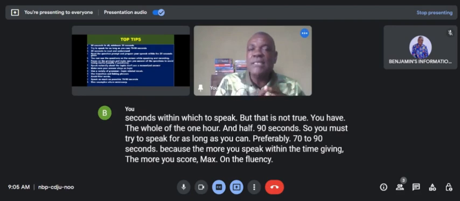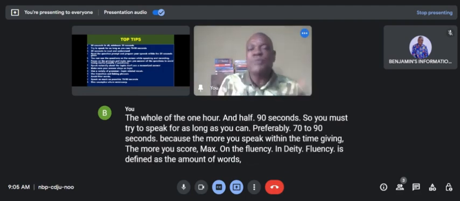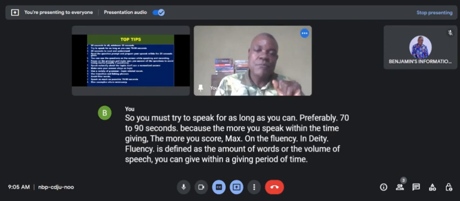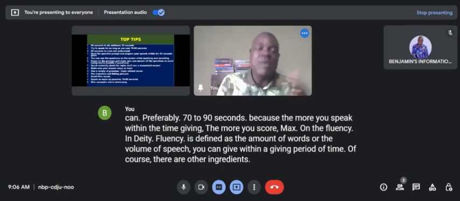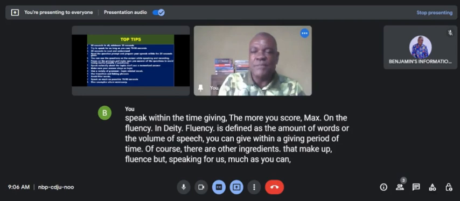In DET, fluency is defined as the amount of words or the volume of speech you can give within a given period of time. Of course, there are other ingredients that make up fluency, but speaking for as much as you can is part of it.